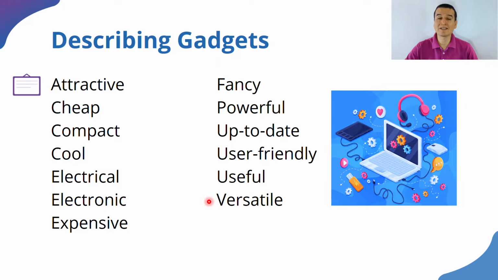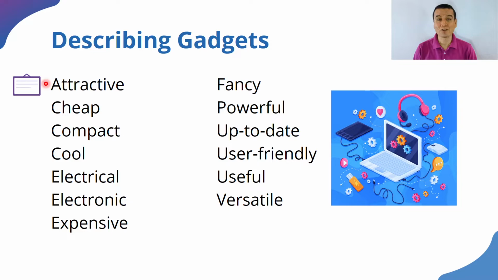Versatile is the American pronunciation, versatile the British pronunciation. One sounds more formal than the other, but you can choose to pronounce them either way. In North America, meaning the United States, many people say versatile. All right, so those are just some characteristics that we can use to describe gadgets, but we can have many other adjectives that you can use.